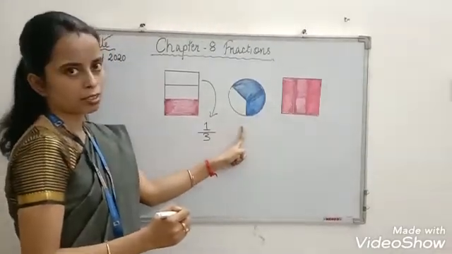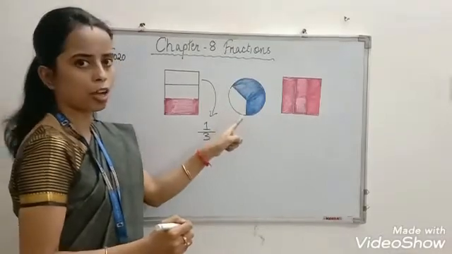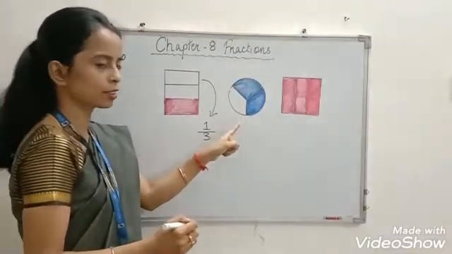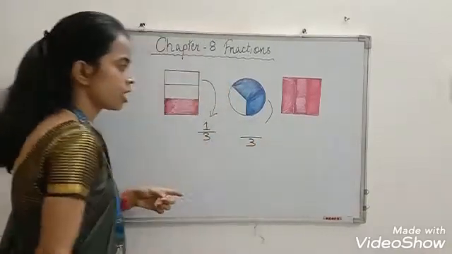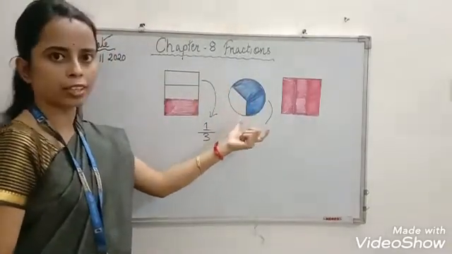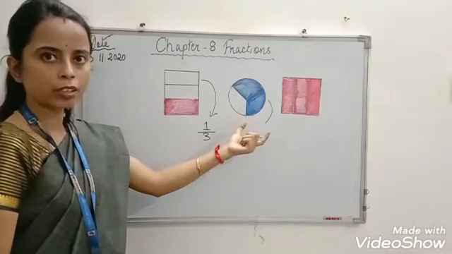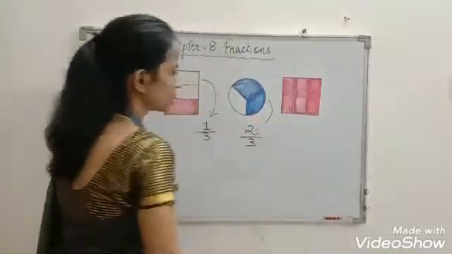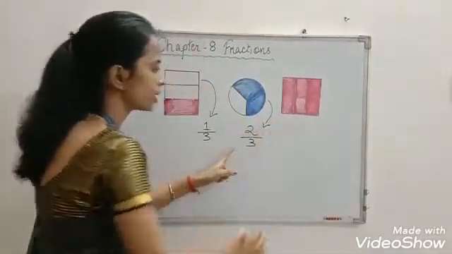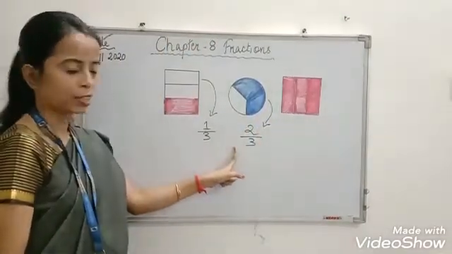Circle. Again the circle is divided into how many equal parts? Same, 3. How many portions are colored out of 3 equal parts? 2. So what is the fraction? That is 2 by 3.